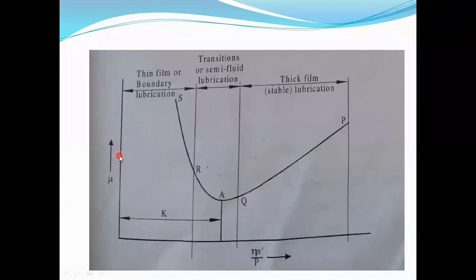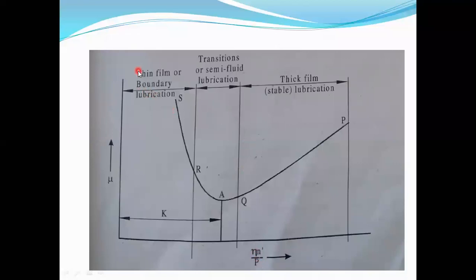Now we can see the next graph. In this graph the x-axis is the bearing characteristic number and the y-axis is the coefficient of friction. Already I told that the coefficient of friction depends upon the dimensionless number, the bearing characteristic number eta N' by p.